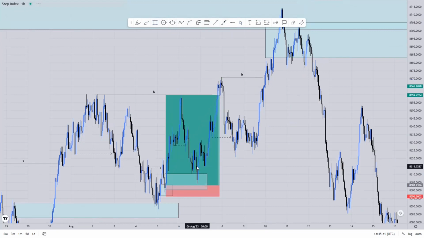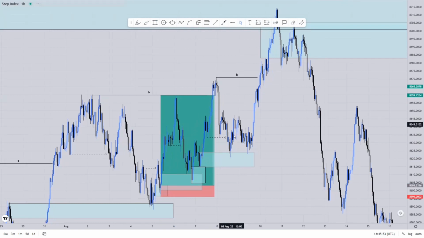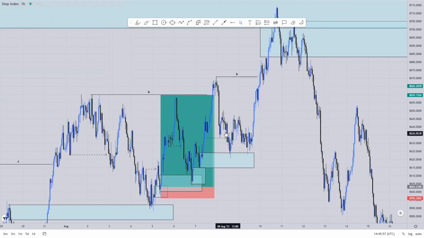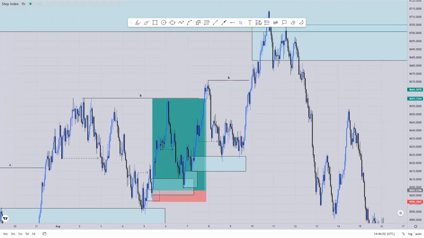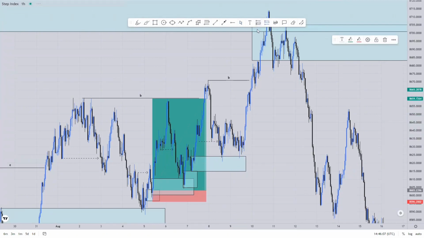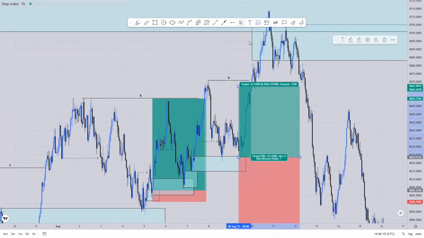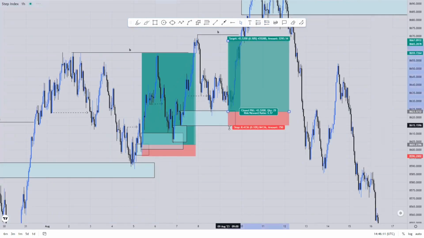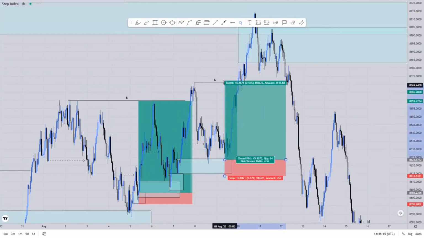Tapped the demand there. After tapping the demand, they also did another structure shift inside here. If you go to 30-minute and 15-minute, you see the structure shift there. They came back and tapped here. We have another set of buys there.